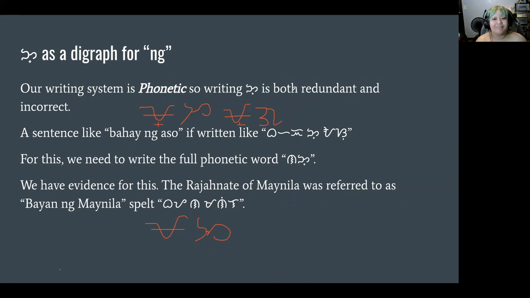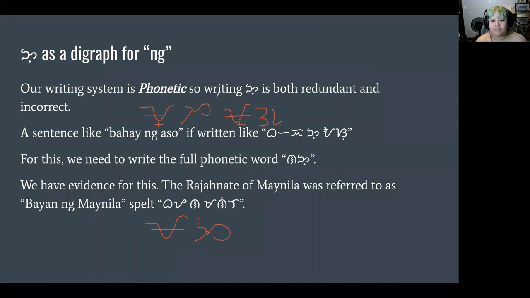Yeah? So the cross underneath it is to make it silent, right? Correct. The cross underneath makes it silent.